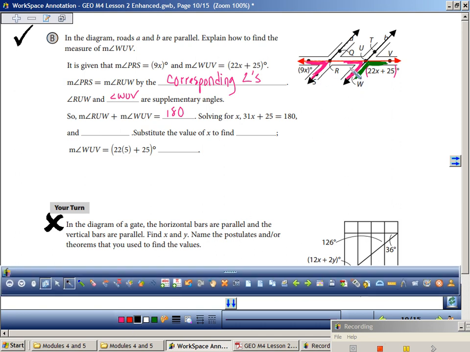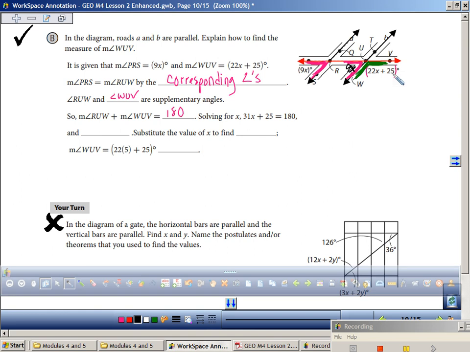So this one is also 9x. So how am I going to use the fact that I've got 9x and 22x plus 25 to figure out x? How would I do that? Add them up because they will equal 180.